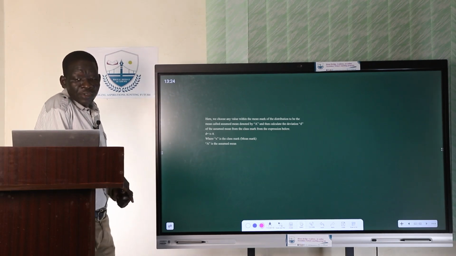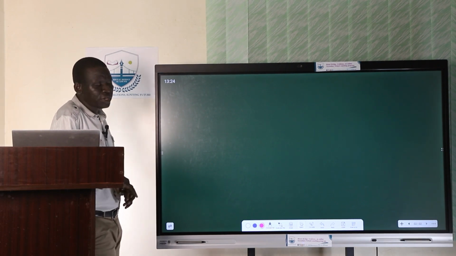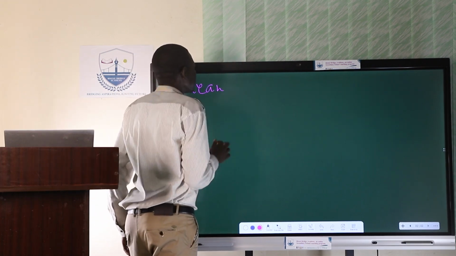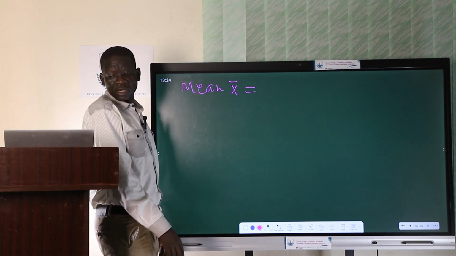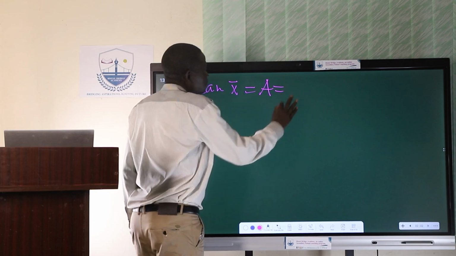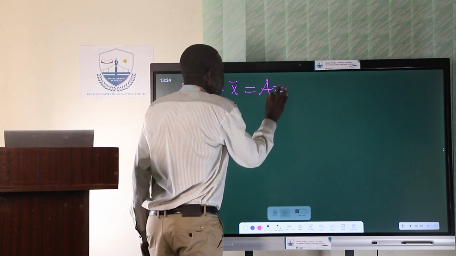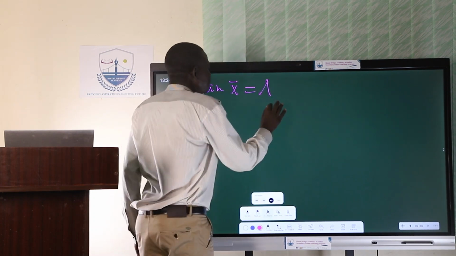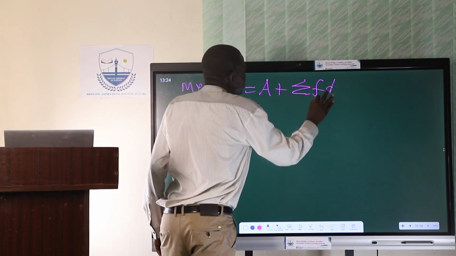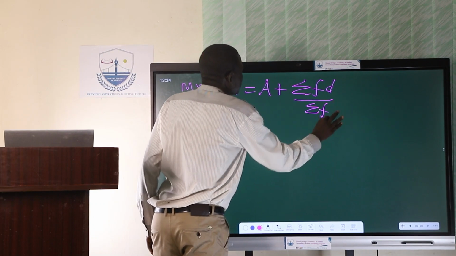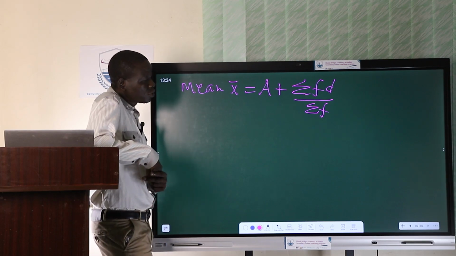So the mean of the distribution can now be obtained by the formula: mean x bar is equal to assumed mean A plus summation fD over summation f, whereby x bar represents the actual mean, or what we call the true mean.